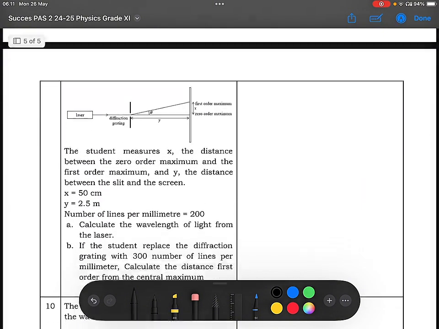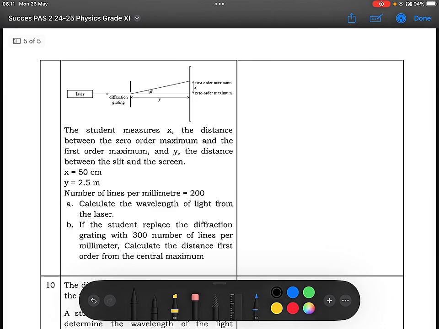Next, number 9. The x is the first order, and you change the unit to nanometer.